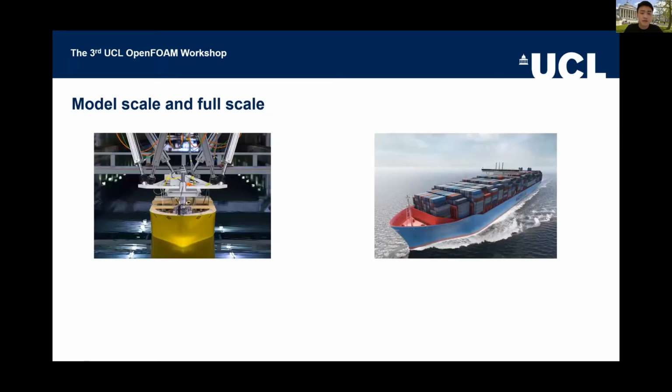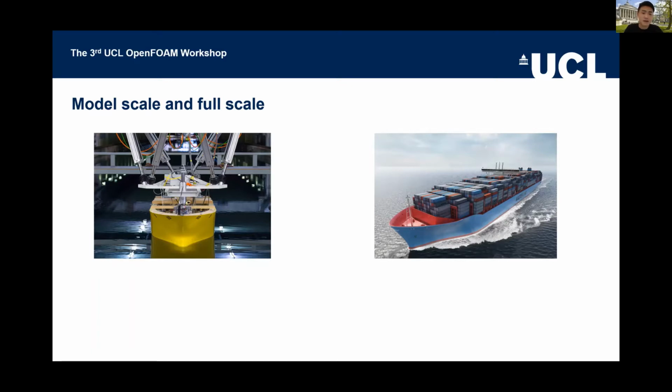Here I would like to first emphasize the scale effect. In real life, the ship is very big. It can be 100 meters long, 200 meters long. So when we do experiments, we normally have a model scale experiment.